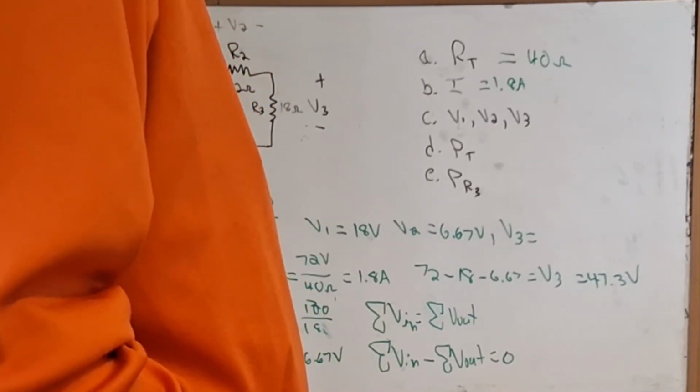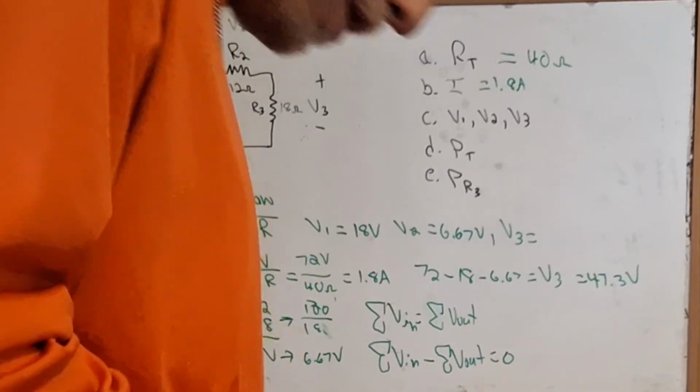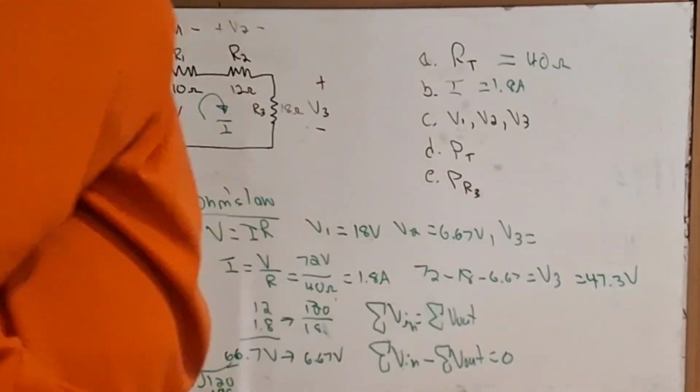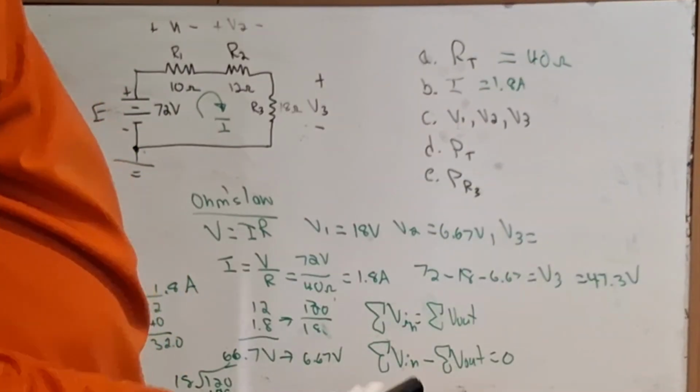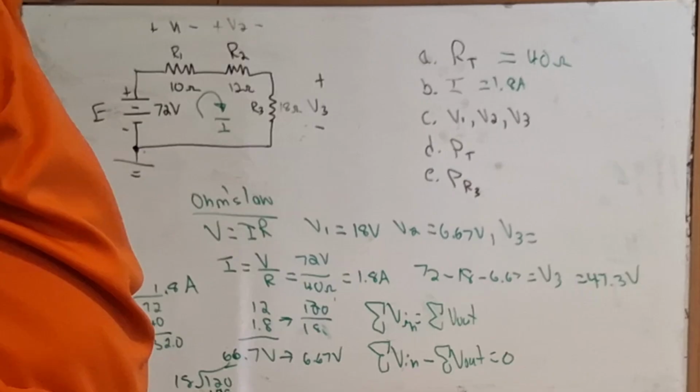120 divided by 1.8. Oops. Well, it's actually 12 divided by 1.8. So yeah, 6.67.